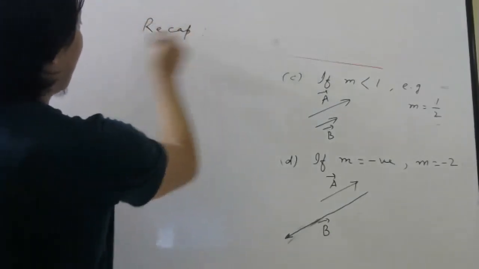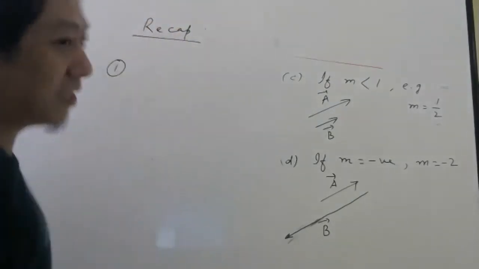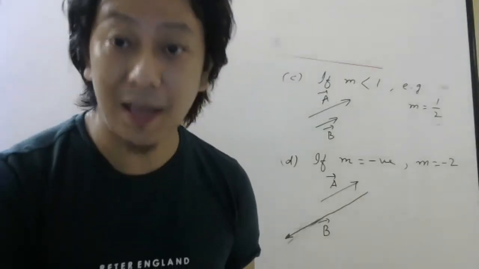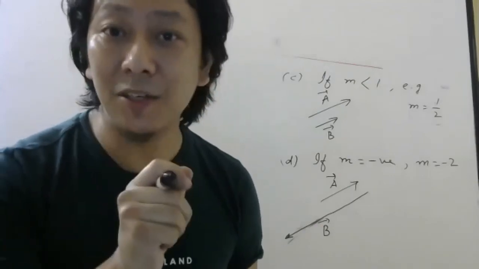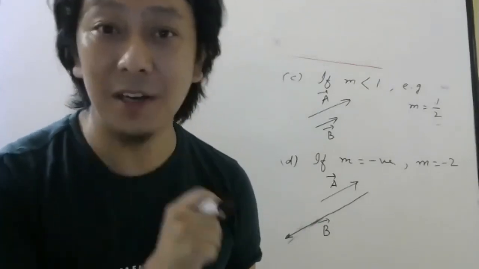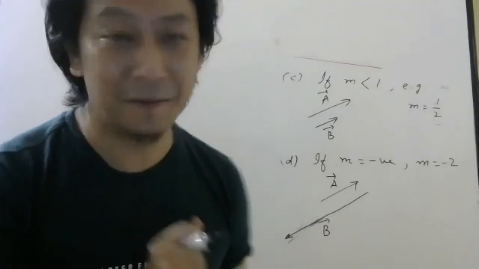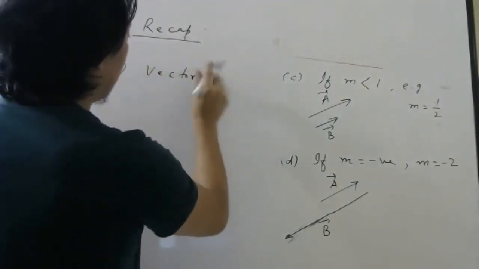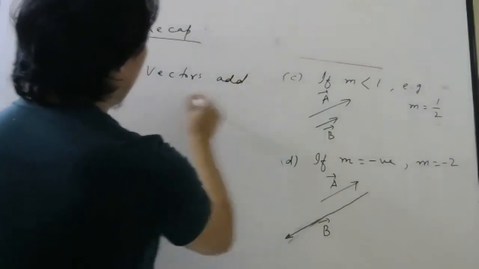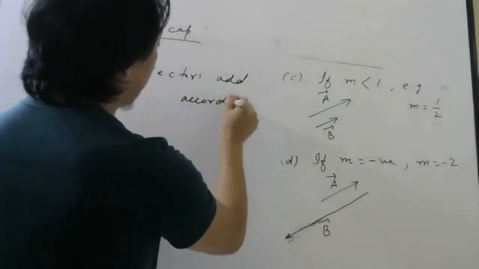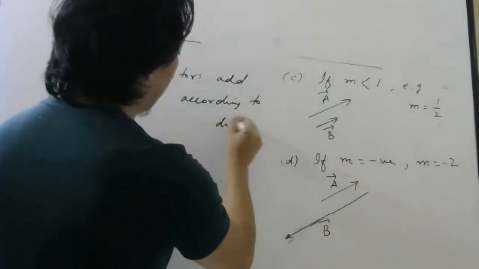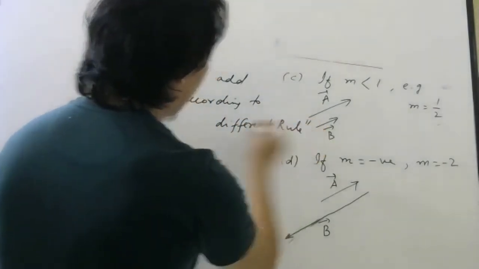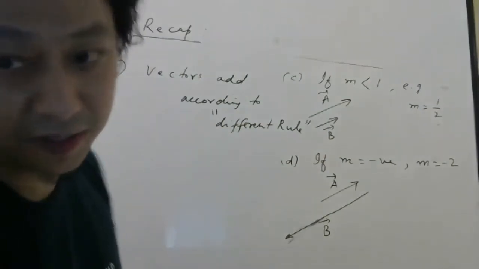Recap. So first thing we studied is vectors have magnitude as well as direction, and they add according to a very special rule which we will be studying later, a different rule which has not been taught to you in school days.